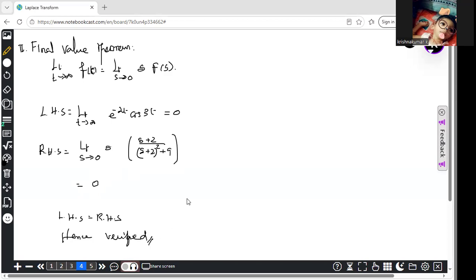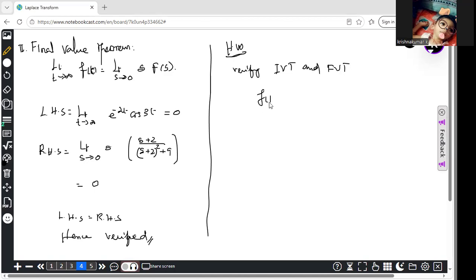Next, I will give the homework. You just practice these problems. So the first one is: verify the initial value theorem and final value theorem for f of t equal to 1 minus e power minus at.